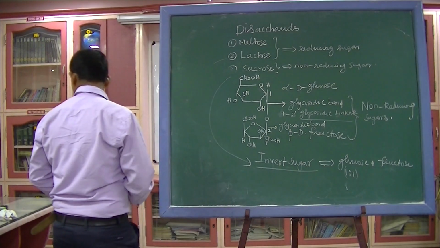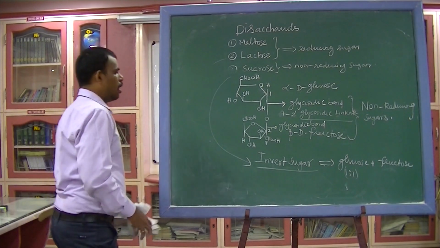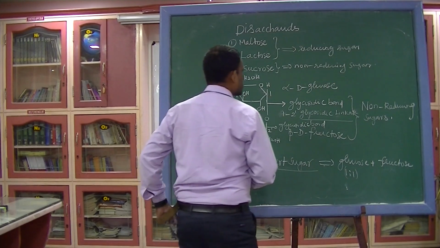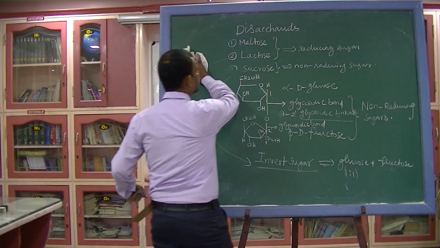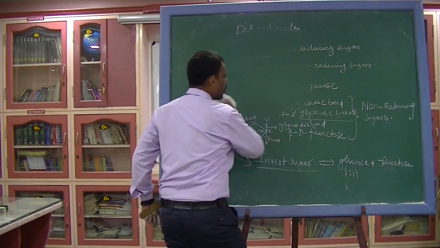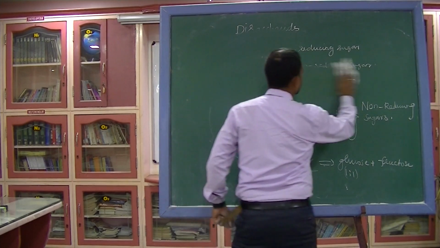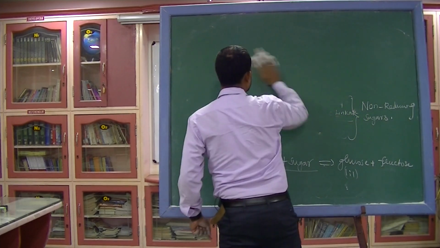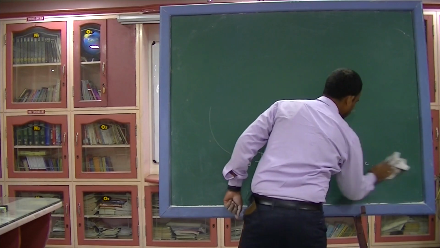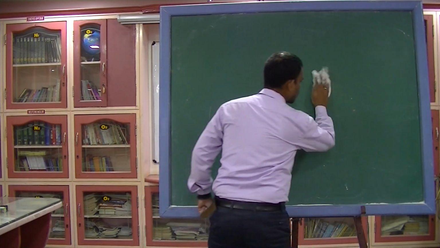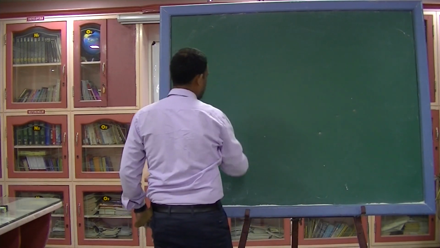So now we will move to polysaccharides. Polysaccharides are nothing but more than 10 sugar units connected through glycosidic bonds.